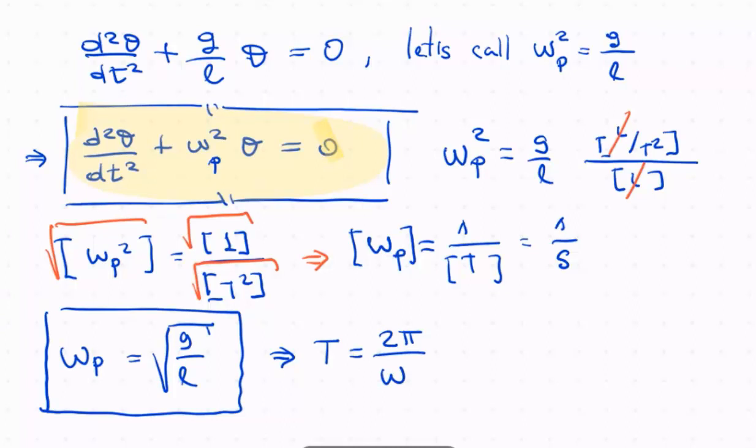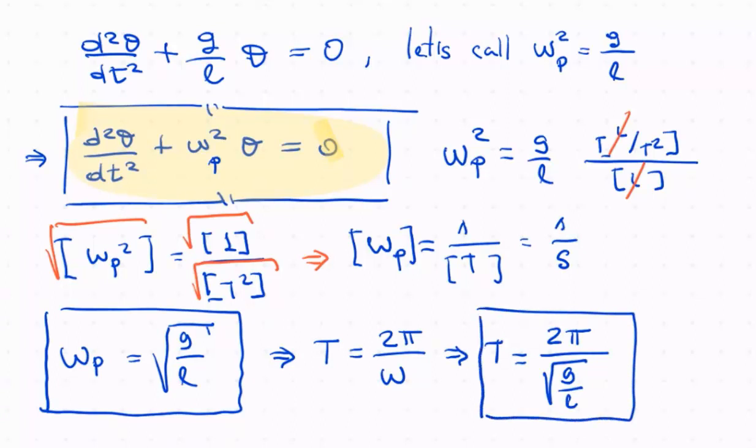The period is the time that the mass takes to complete one oscillation. And we can write it like this. T is equal to 2 pi dividing the square root of g dividing L.